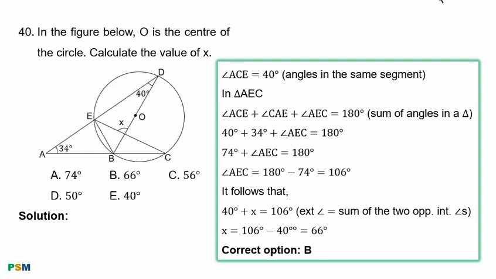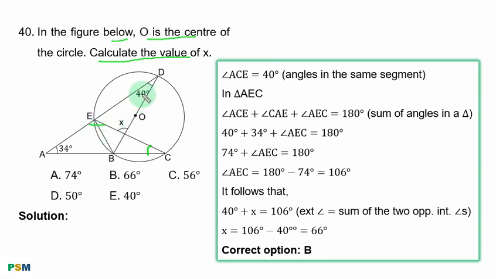Question 40. In the figure below, O is the center of the circle. Calculate value of S. For us to find S, we need this angle. Once we get this angle, we get this angle.